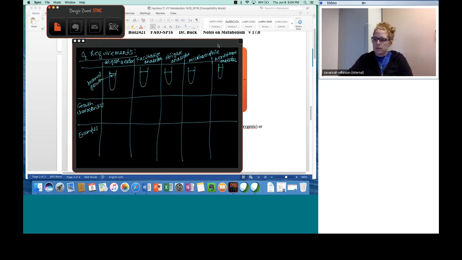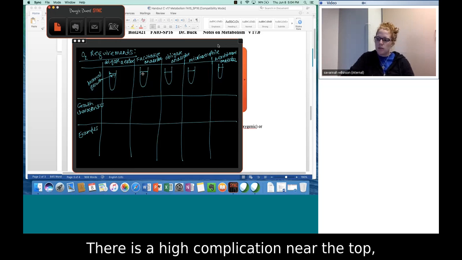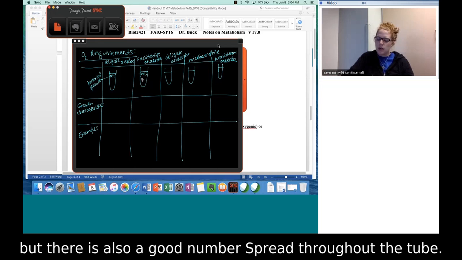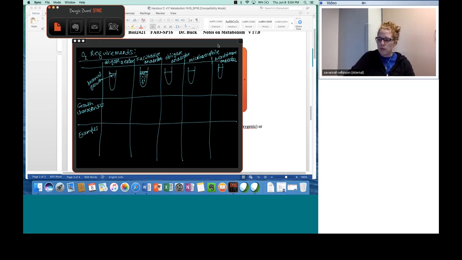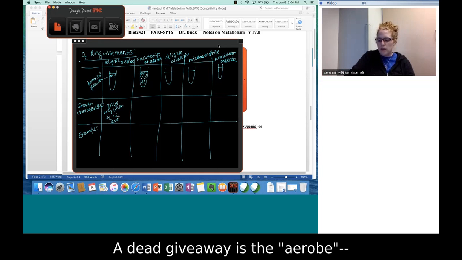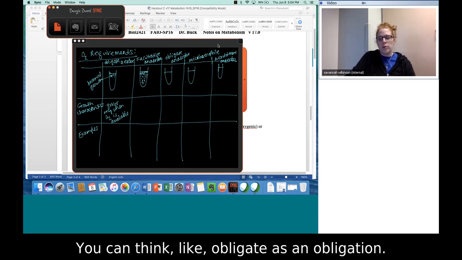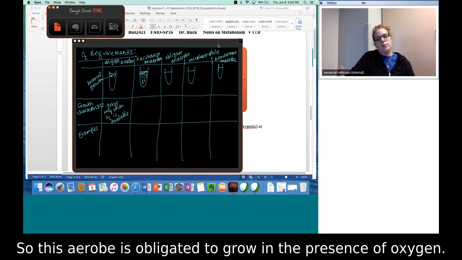Oh, I forgot, grows only when oxygen is available. A dead giveaway is the obligate aerobe. You can think of obligate as an obligation. So this aerobe is obligated to grow in the presence of oxygen.